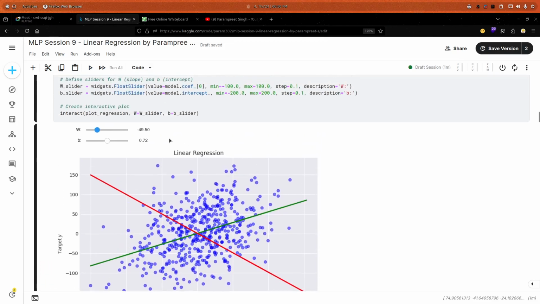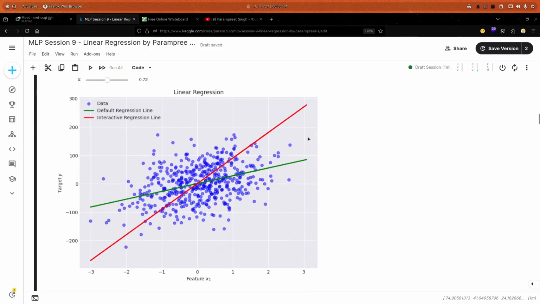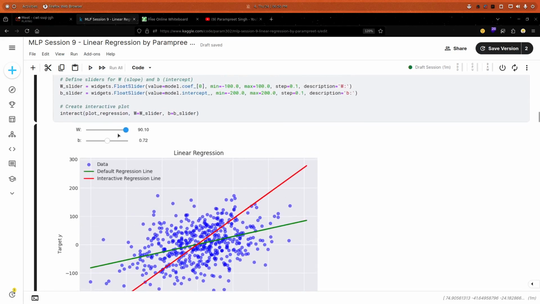If I increase the value of W, let's say to 90, the line is more slanted, but now it increases as the x-axis increases. So this is how slope works. It's just to give you an overview of how slope works.